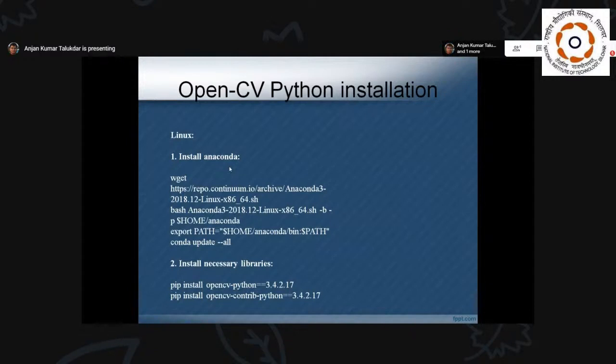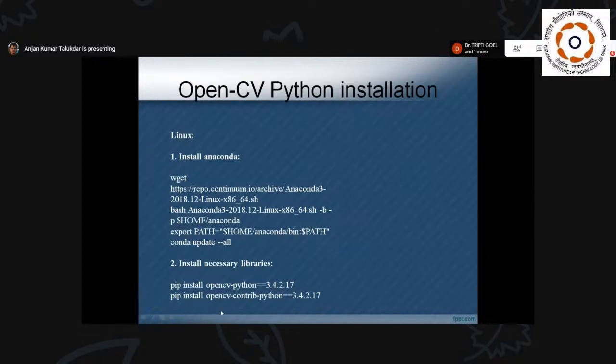Otherwise you have to install Python separately, but it is better to install Anaconda, which contains all the supported libraries and packages. Then you can install OpenCV by simply typing pip install opencv-python. Whatever the current version is, you can type it here and install it.